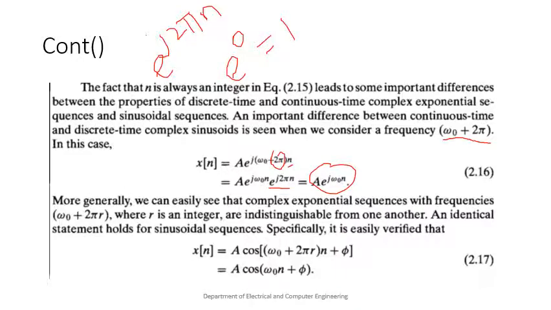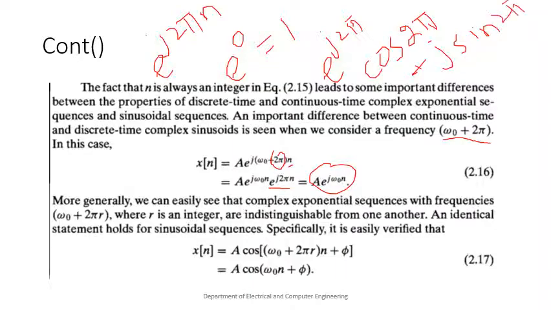Even if you take n equal to 1, it will become e raised to power j 2 pi. If you expand this, it is equal to cos of 2 pi plus j sine of 2 pi. We know that cos of 360 is equal to 1 and sine of 360 is equal to 0.